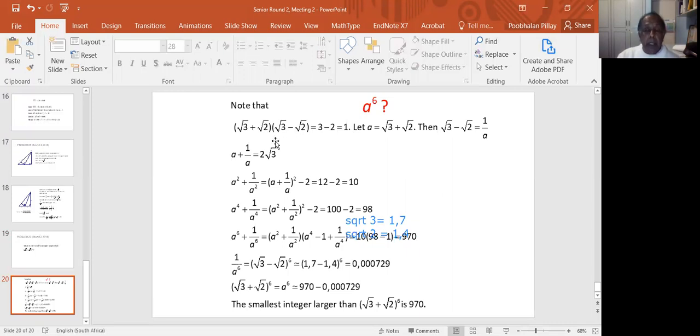Which means that this quantity here, √3 minus √2, is actually equal to 1 over A, because I'm giving a name A to this.